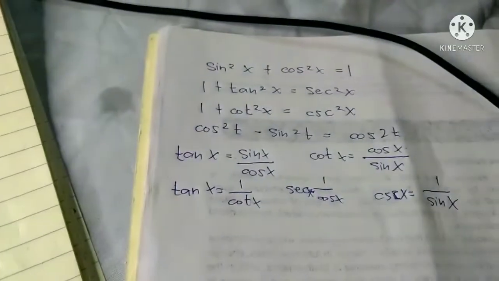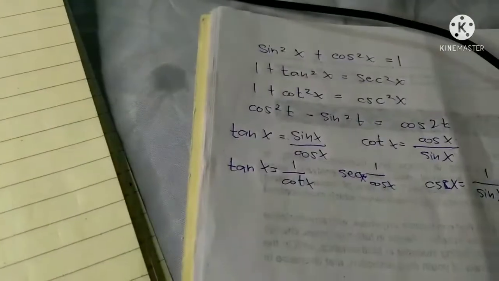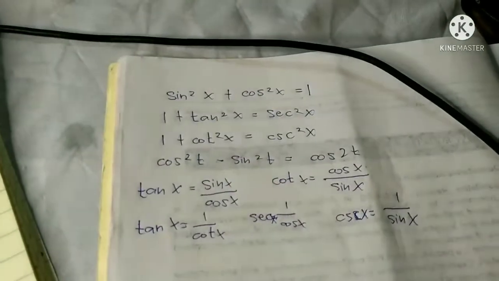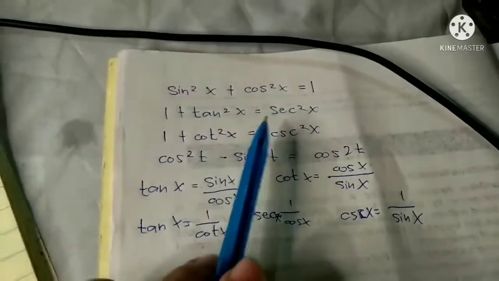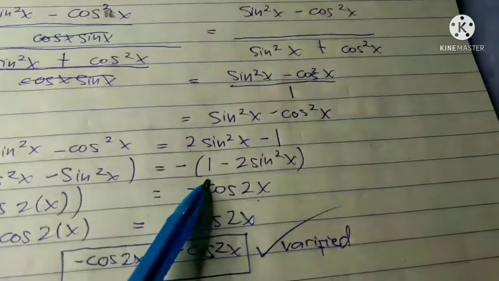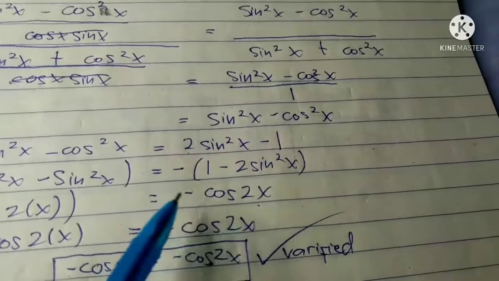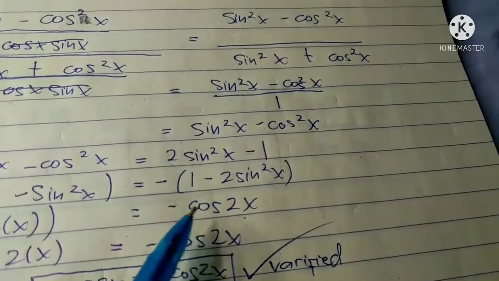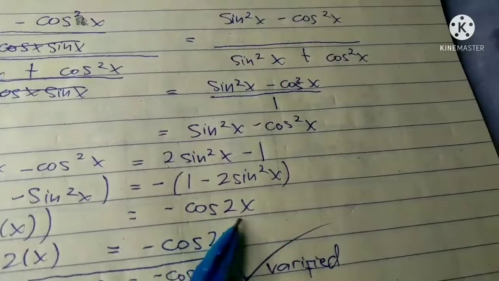So as you can see here again, if we transpose this sine squared x to the other side, we will get cosine squared x equals to 1 minus sine squared x, just like this one. So we can say that 1 minus 2 sine squared x is equal to negative cosine 2x.